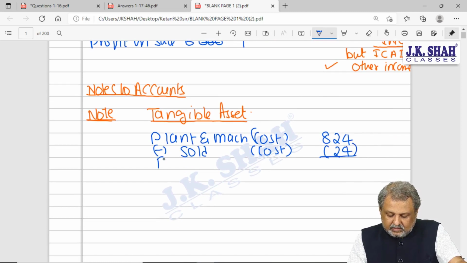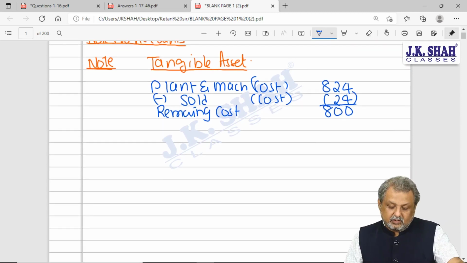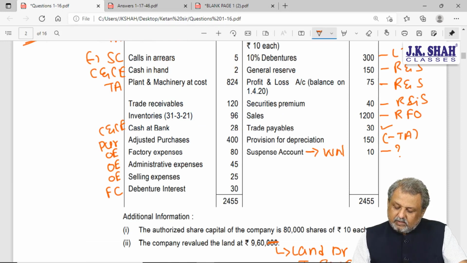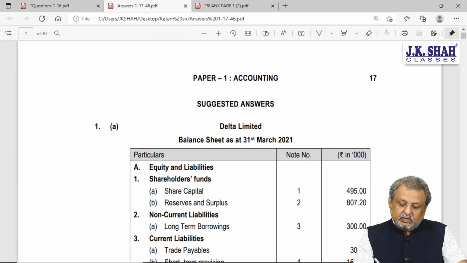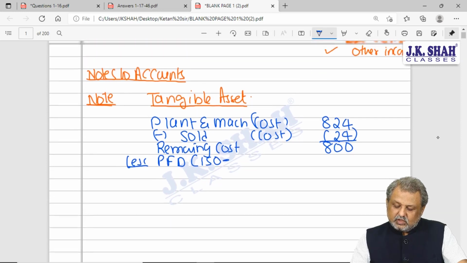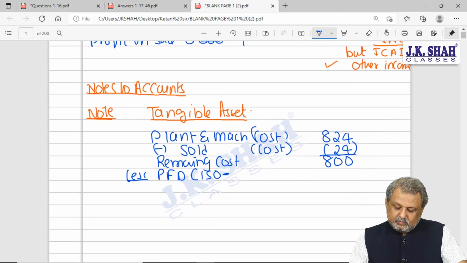So remaining cost 800. The remaining cost is 800. Then less PFD, provision for depreciation. In the question, trial balance provision for depreciation, opening balance was 150. So 150 minus whatever is sold by us. How much is sold by us? 20. So minus 20.